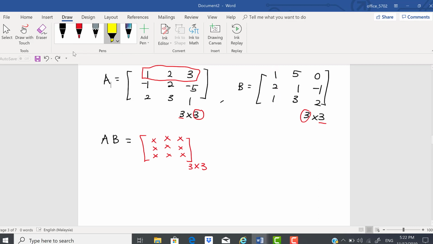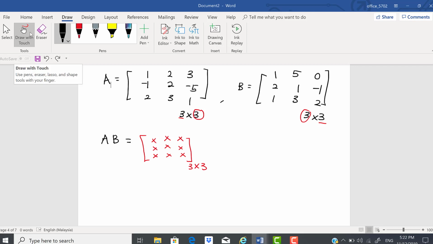Now we start. For the first row, 1 times 1, you get 1. 2 times 2, we get positive 4. Then 3 times 1, you have positive 3. This is for the first element.